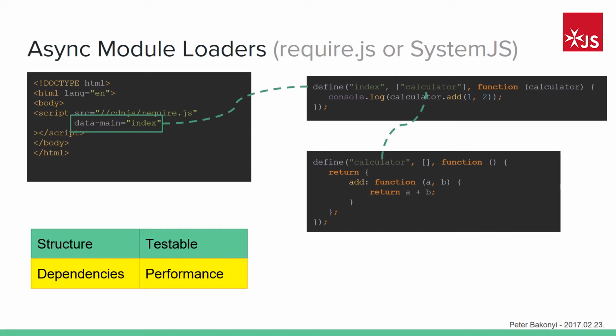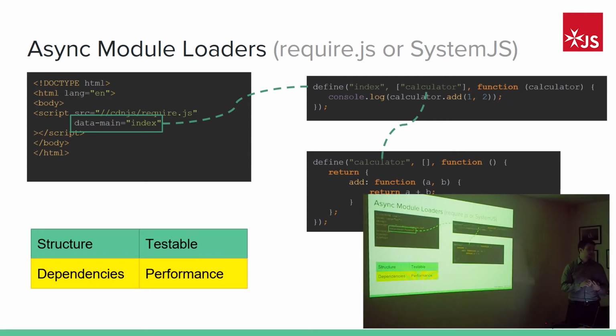And regarding the dependencies, we don't have a static list of dependencies. But if we have a big project, we still need to specify where the given dependency can be downloaded from, because it might come from CDN, it might come from our own server, so we still have a mapping between a dependency and its location.